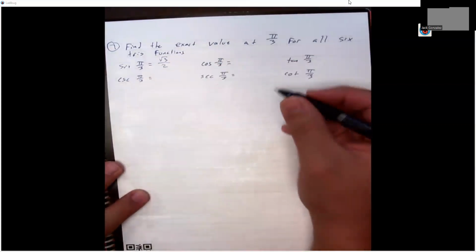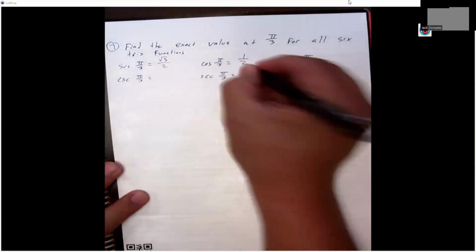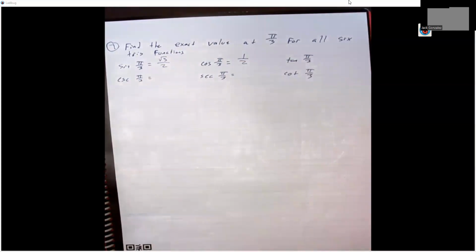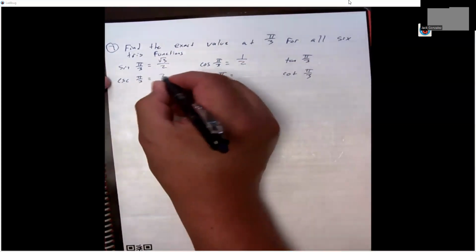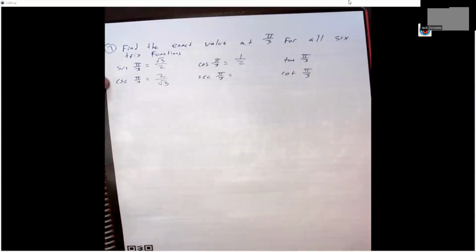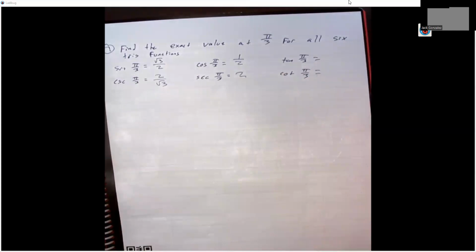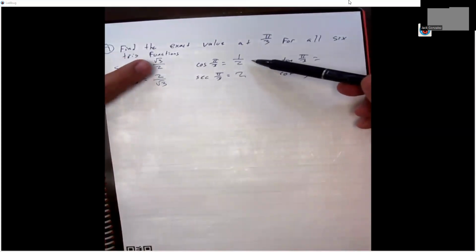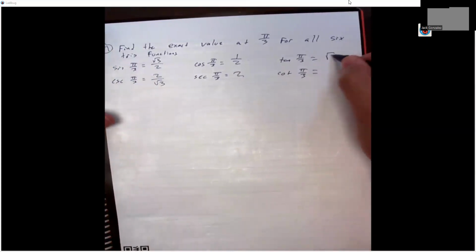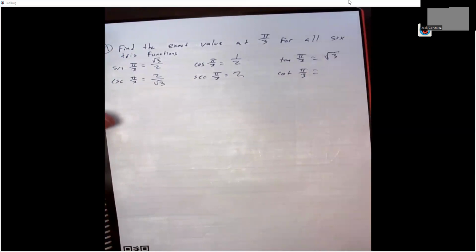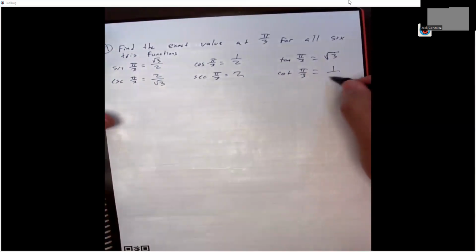So this is a unit circle problem. Cosine would be 1/2. Reciprocal would be this. Tangent would be sine over cosine, so you would divide these two. The 2's would cancel, giving you root 3. Reciprocal would be this.